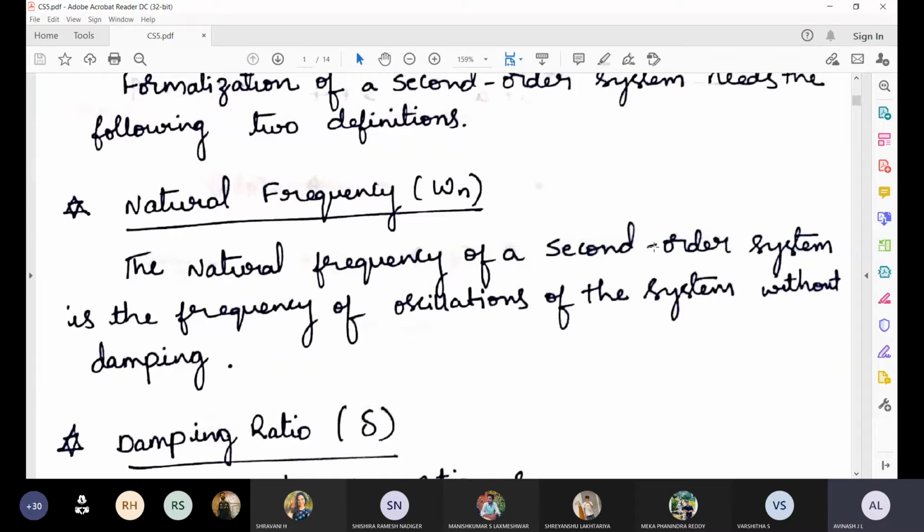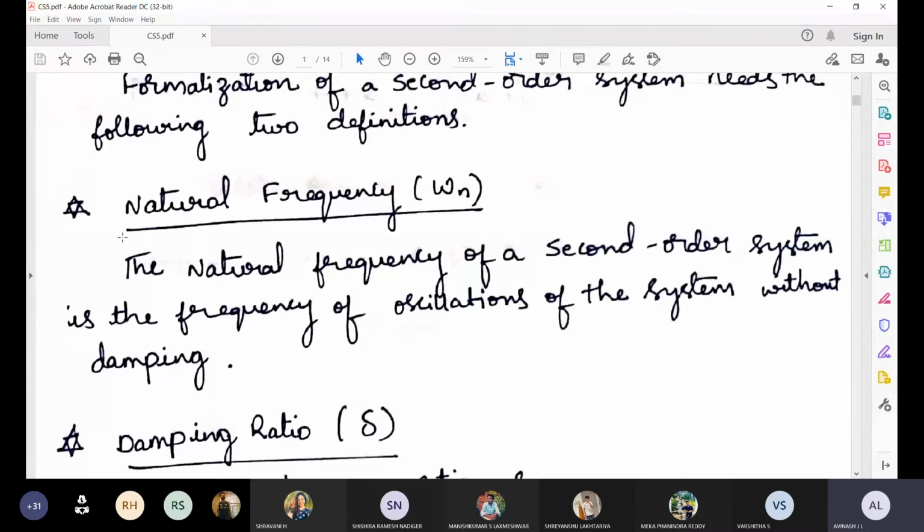After some time it will stop oscillating. Once it stops, we understand that there is a friction force, an opposition force present. That particular concept is called damping. Now natural frequency is the frequency without damping.